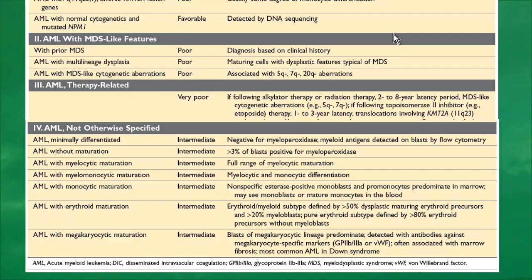Earlier it was called AML related to alkylator therapy, etc. Depending upon therapy it was classified, but now it's under one single category because it doesn't really matter what kind of therapy is used. Here therapy mainly means cancer therapy like alkylator therapy, radiation therapy, etc. After which AML can occur and the prognosis is pretty poor.